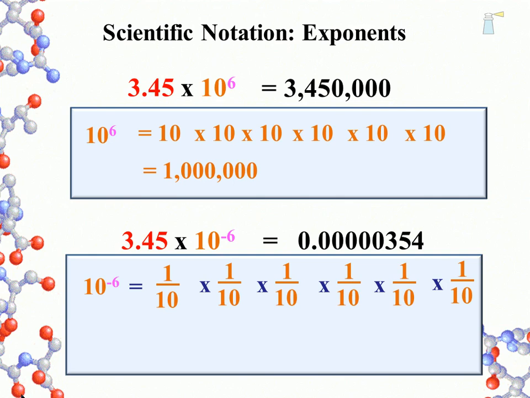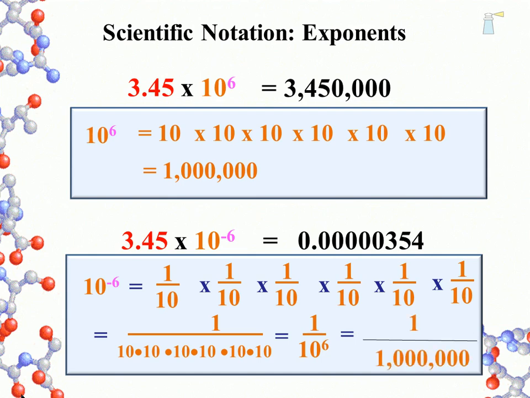Doing the math gives us 1/10 multiplied 6 times. And we just saw that multiplying 10 times itself 6 times is equal to 10 to the 6th. Thus, 10 to the minus 6 is equal to 1/10 to the positive 6, or 1/1,000,000. The negative exponent creates a very small number.